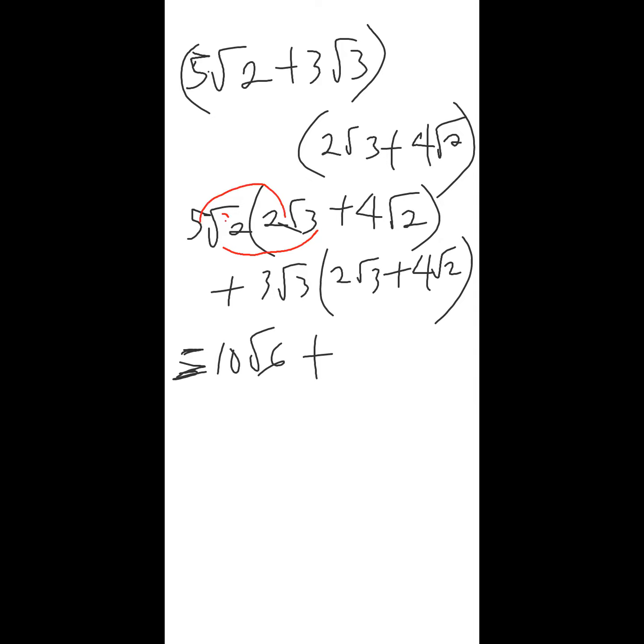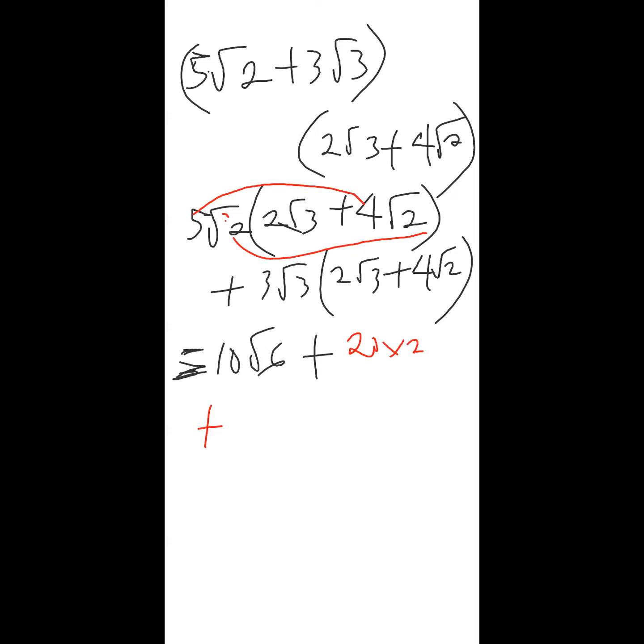But this time around, I am interested in the next one. Root 2 is multiplying root 2. 5 is multiplying 4. So what I will now have is 20 times 2, and that will give you 40. All right? 5 times 4 is 20. Root 2 times root 2 is 2. So plus, let's go for the next one.